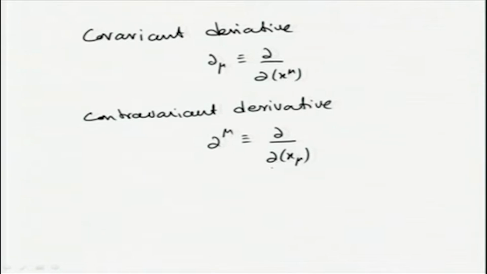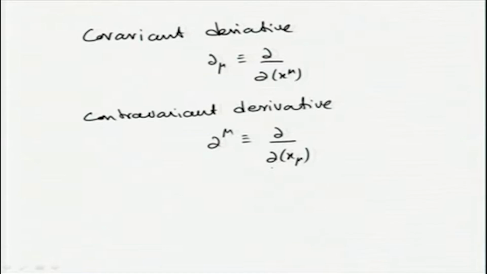These are the notations that we will use. When you have the subscript on ∂_μ, this is a covariant vector like the earlier notations, but it corresponds to the derivative with respect to a contravariant x^μ. Similarly, when we say contravariant derivative, it is a superscript on the partial derivative operator, which is equal to the partial derivative with respect to the covariant x_μ.